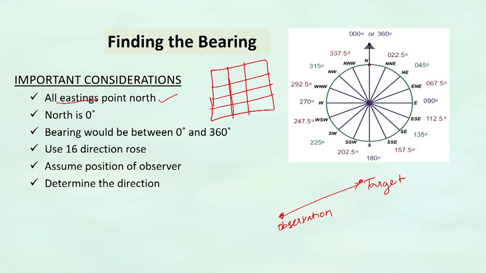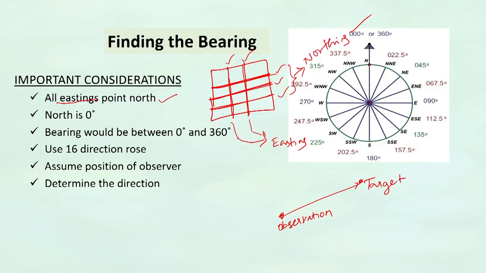Those grids are made of vertical lines and horizontal lines. All the vertical lines are called eastings, and the horizontal lines, parallel to latitude, are called northings, okay. These are general names. Eastings are parallel to longitude, northings are parallel to latitude.